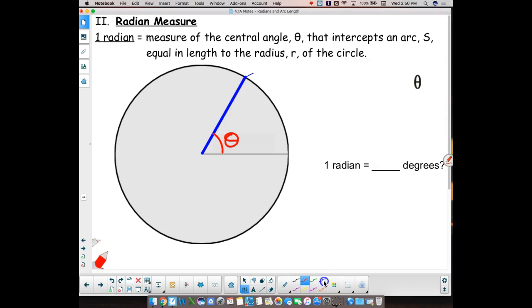Theta is long enough that this purple arc length, which we'll call S, is equal in length to my radius.